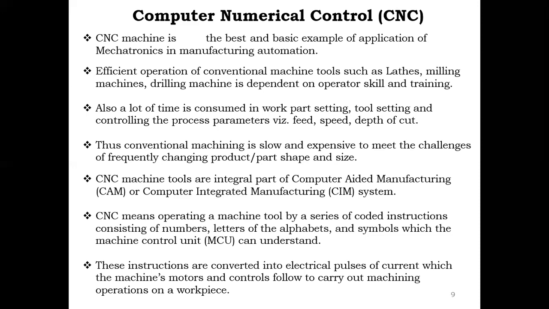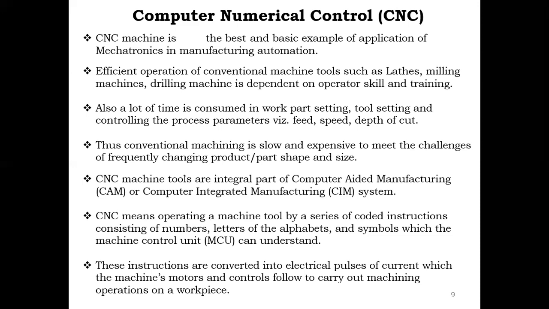In CNC, tools are an integrated part of computer aided design, that is CAD. Tools are the integrated part of CAM, that is computer aided manufacturing or computer integrated manufacturing system. So CNC means operating a machine tool by a series of coded instructions.